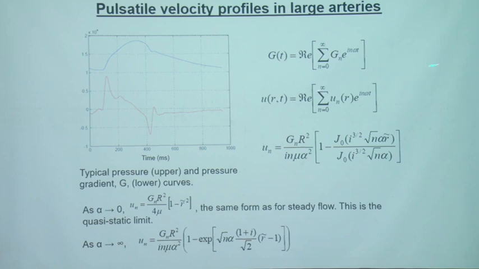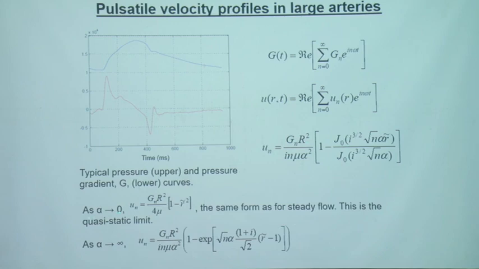This is the analytical solution for the velocity profiles as a function of radial position and time. This is the actual expression of the velocity profile, and it is equivalent to the Womersley solutions for oscillating sinusoidal pressure gradient driven flow.